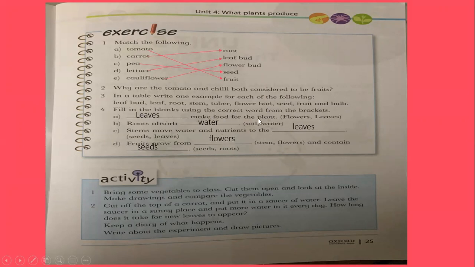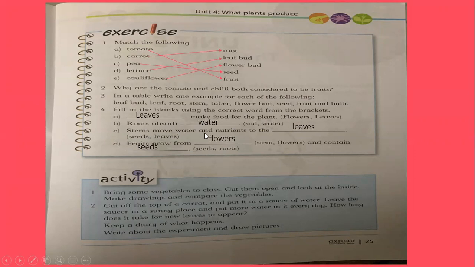Dash makes food for the plant. All of you know it now. Leaves make food for the plant by the process of, yes, photosynthesis. So here comes leaves. Roots absorb soil or water? Yes, of course, water. Roots absorb water.